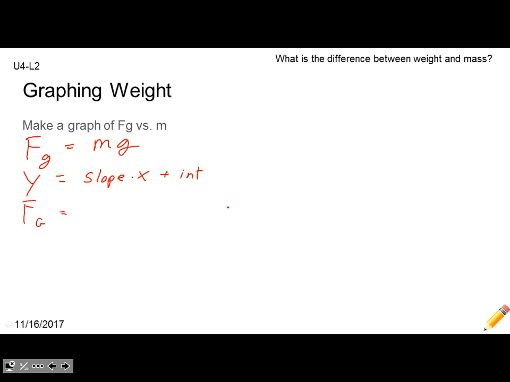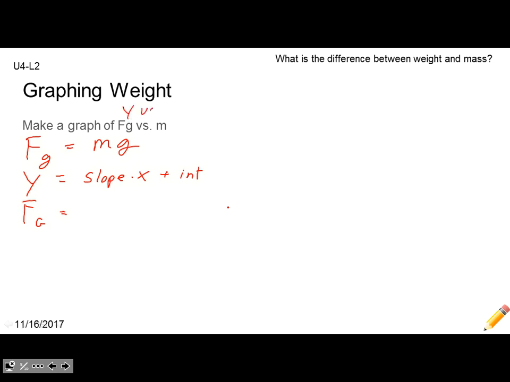Okay, Holly, which letter corresponds to our Y variable? Okay, so you have Fg. Kayla, which variable corresponds to our X? Which variable up here goes with X? So we're doing a graph of Fg versus M. Which variable would be the horizontal variable from Fg, M, and g? What are we making a graph of?